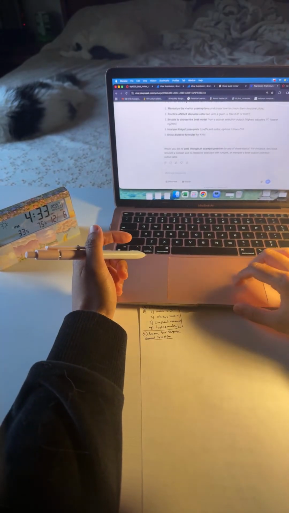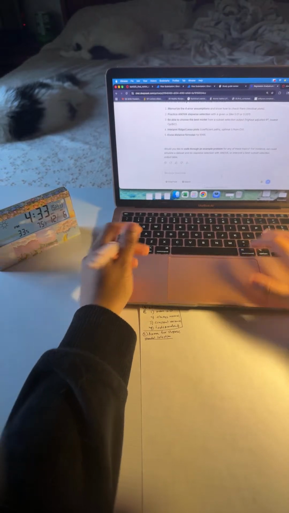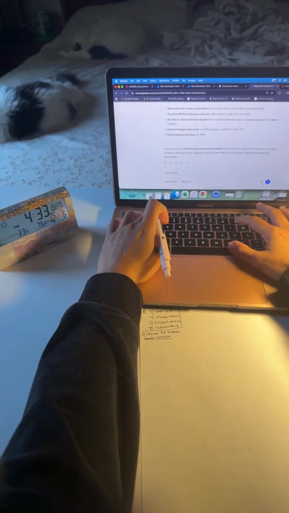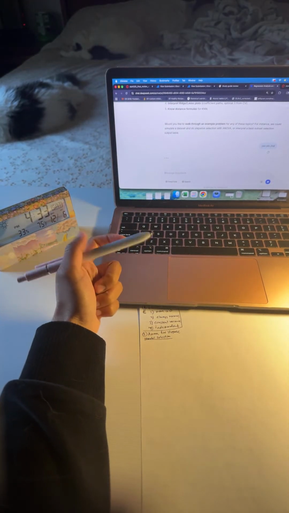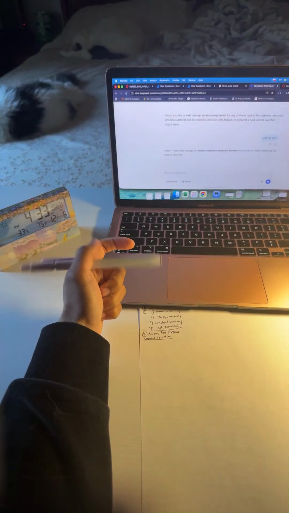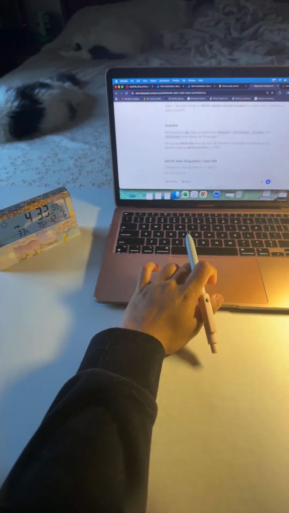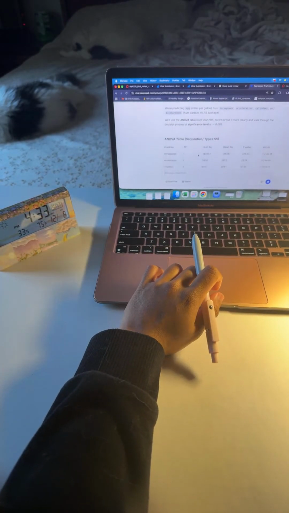Okay. Walk through an example problem for any of these topics. Yes, please. Alright. So we're predicting the miles per gallon from horsepower, acceleration, cylinders, and displacement, autos dataset in the seller package.